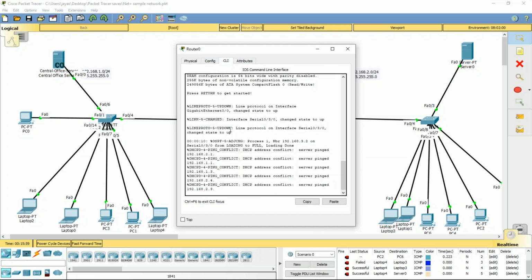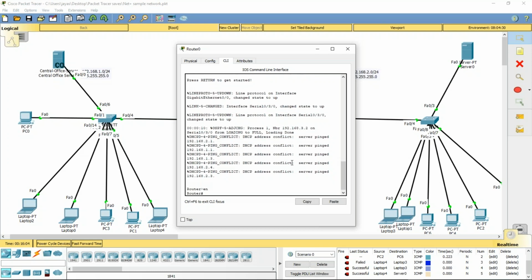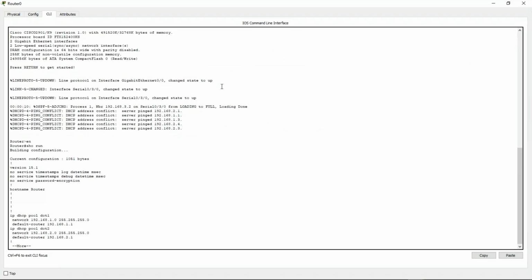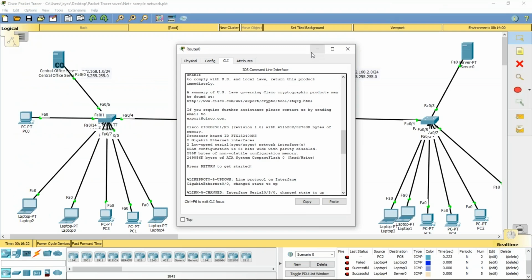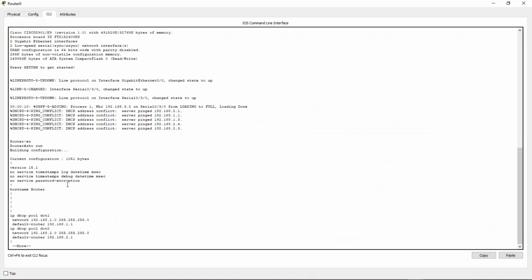Let's see what I did here. I don't remember. So you can see here the changes I made to this router. Obviously this router here is the DHCP server, and I know that because here are the pools right here.